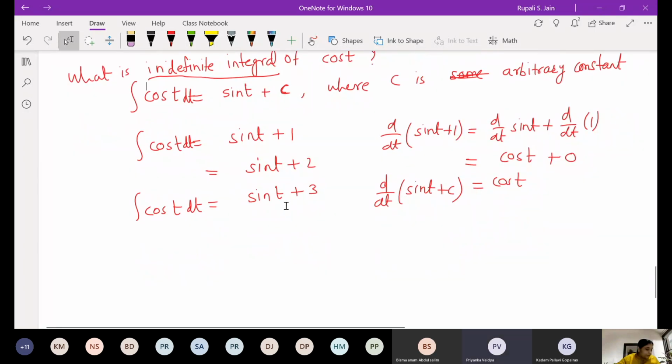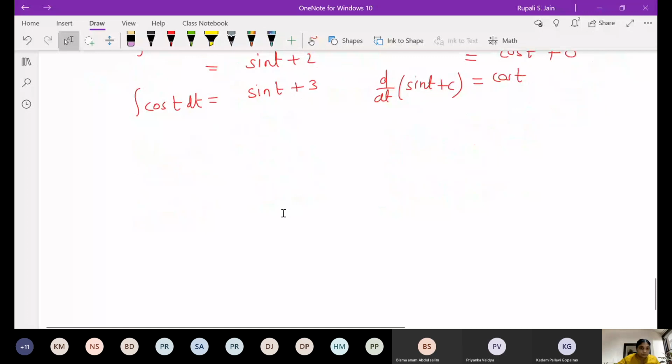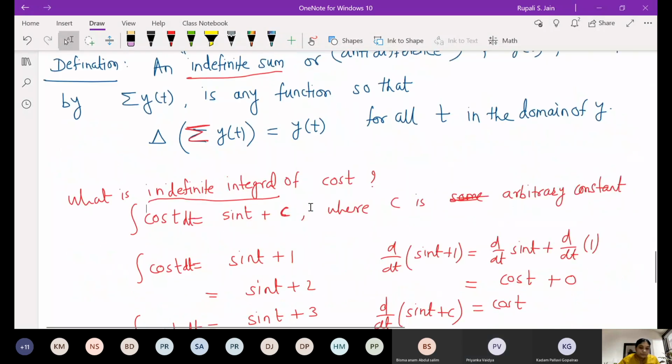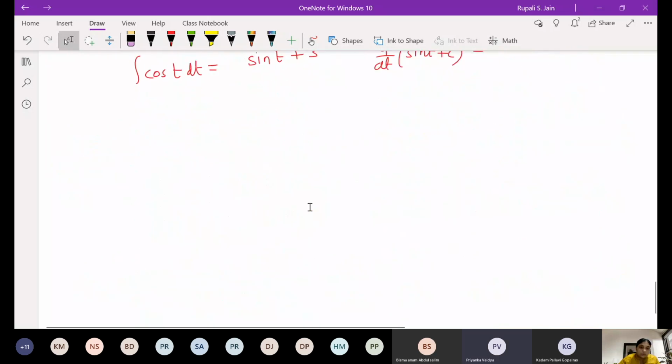Now here also we are saying this is an indefinite sum, because if I take the summation of yt, it is also not unique. We will show that. The indefinite sum is also not unique.